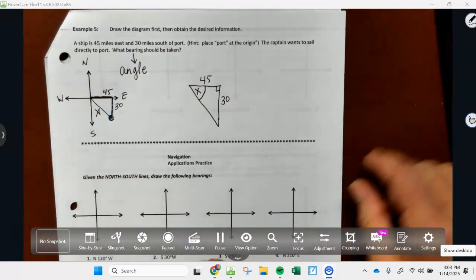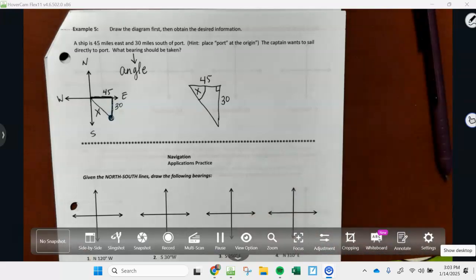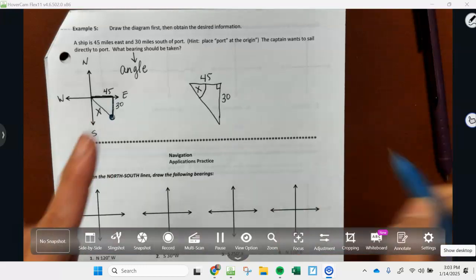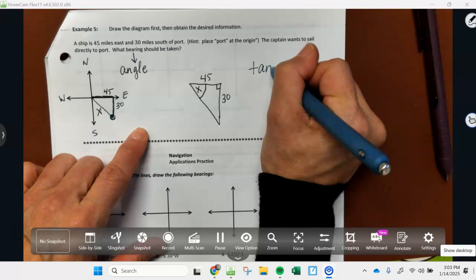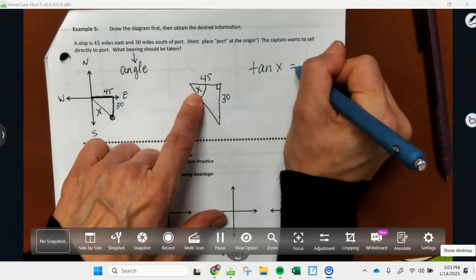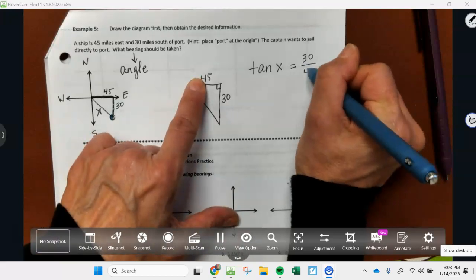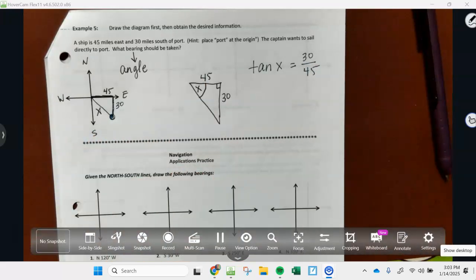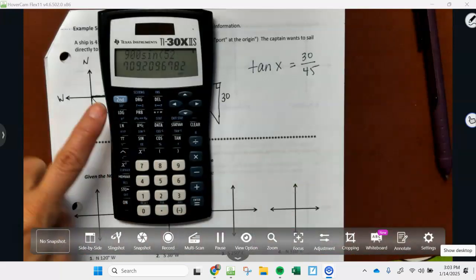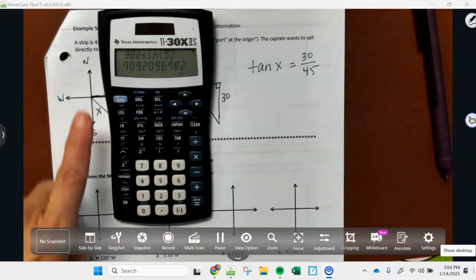If I'm not worried about the hypotenuse, then I don't care about cosine, and I don't care about sine. What I do care about is absolutely tangent. Because remember, tangent is going to be opposite over adjacent. So remember, the bearing is an angle, so on our calculator, we are going to use the second function.